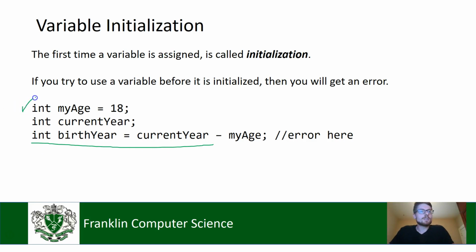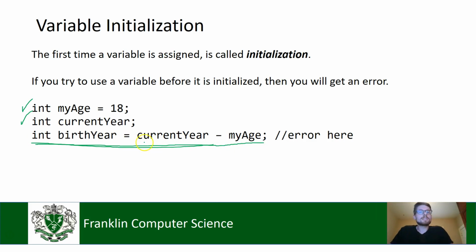These first two lines are good. This creates a variable my age, gives it the value 18. This creates a variable current year, doesn't give it any value, but that's okay. You can just declare the variable. And then when we try to run this line, what do you think is going to happen?